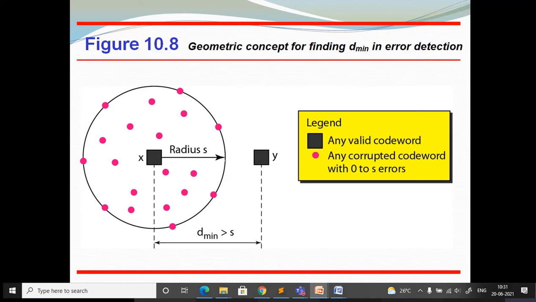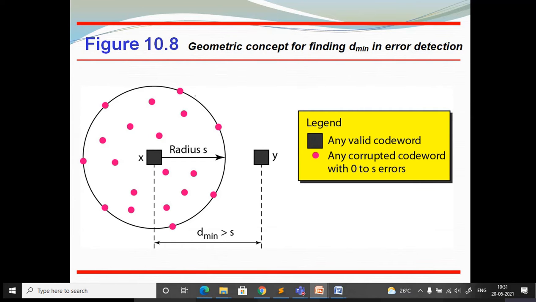All received code words that are created by 0 to s errors are points inside the circle. Whatever errors are created during transmission, all possible code words for that are represented within the circle, and also some code words on the perimeter of the circle.